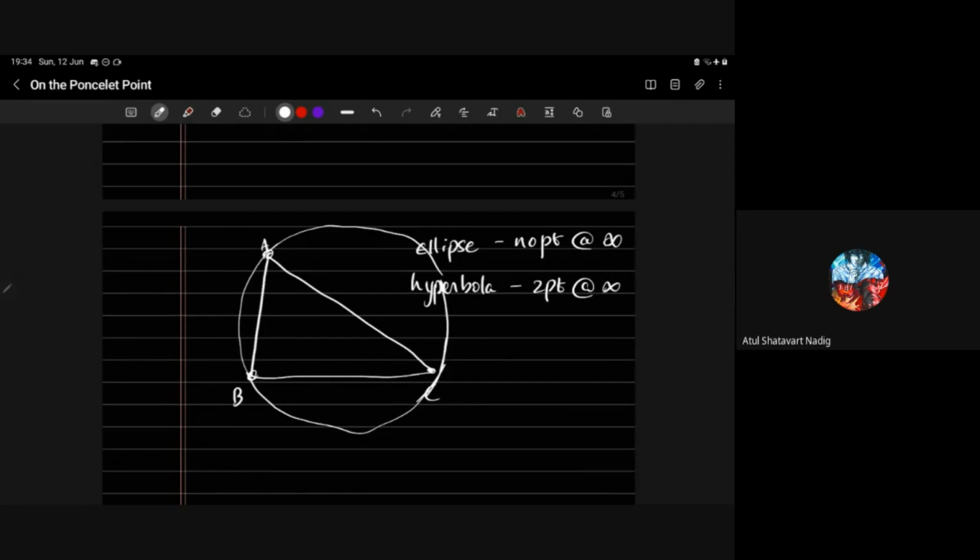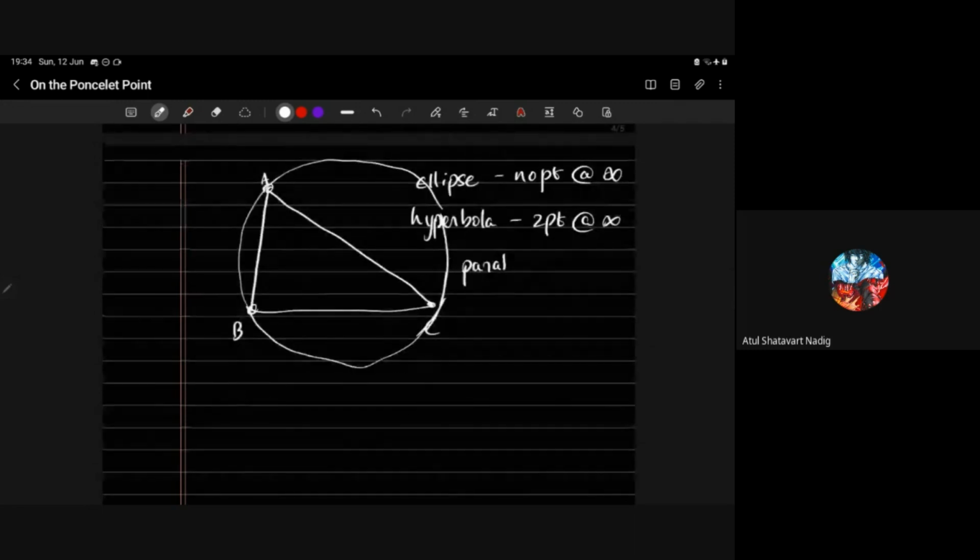And the third thing is a parabola. A parabola has 1 point at infinity. If it has 1 point, what does that tell about the isogonal conjugate of the parabola? That's a line. Every time a line intersects the circumcircle, that point will correspond to a point at infinity on the isogonal conjugate.